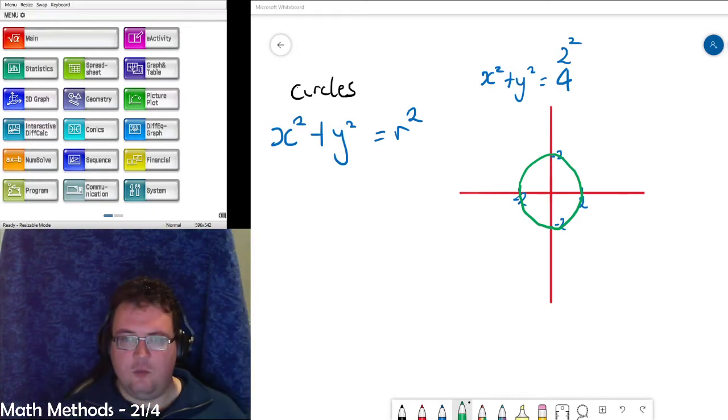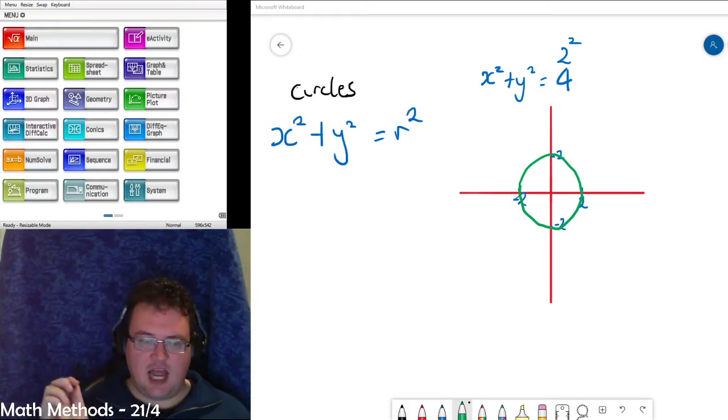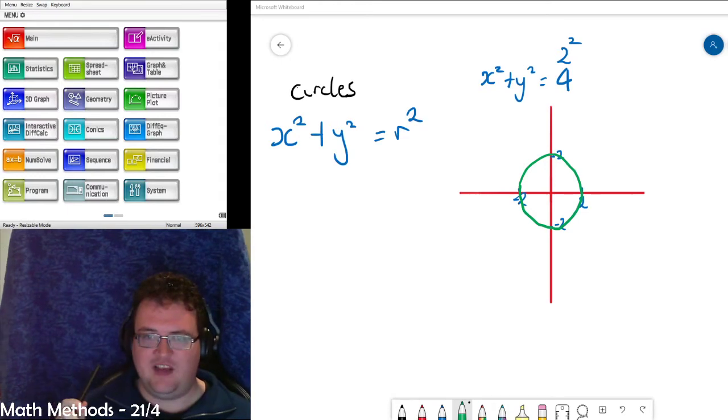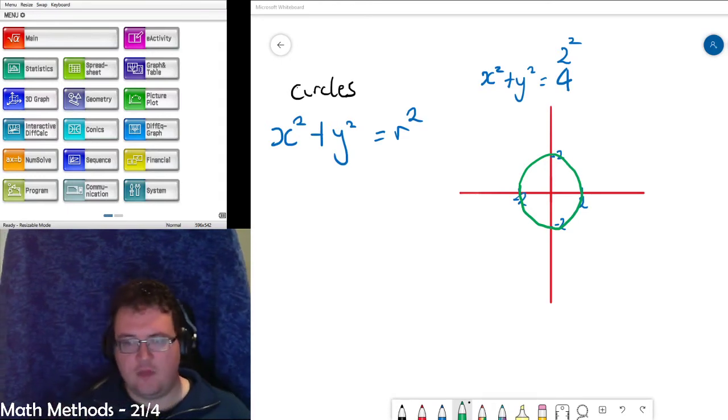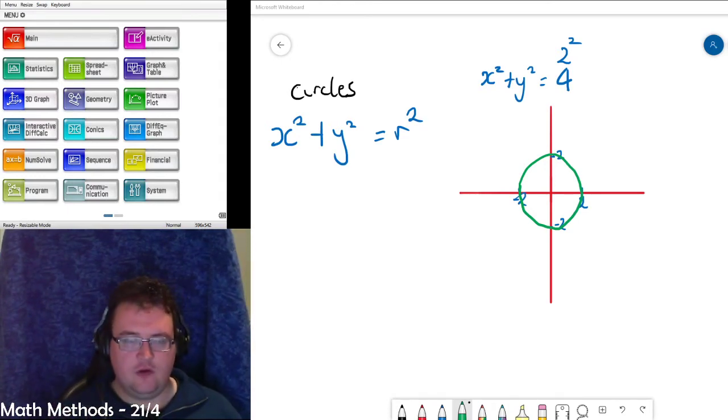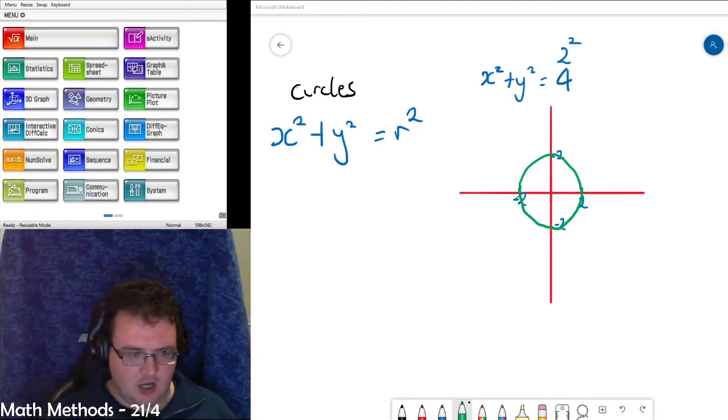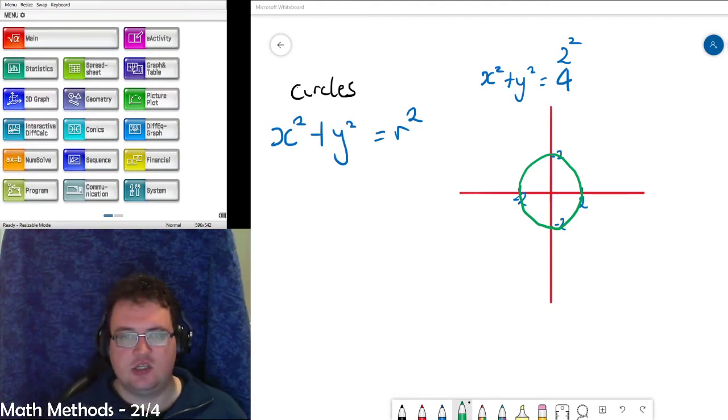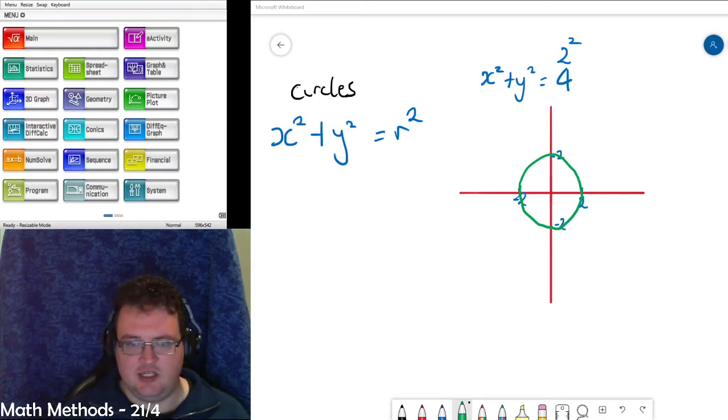All right, so what I've done there is create a graph with a center at 0, 0 and a radius of the square root of r squared, so r. Depending on how big r is, that determines how big the circle is.